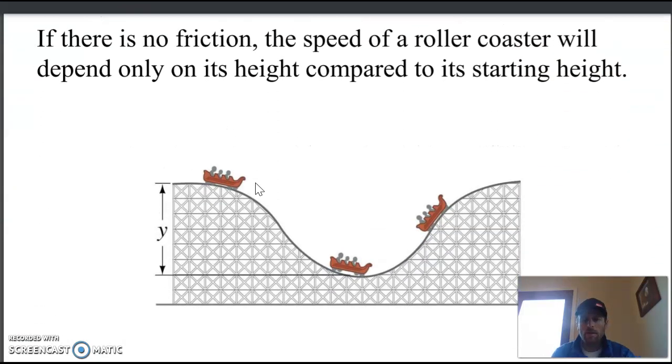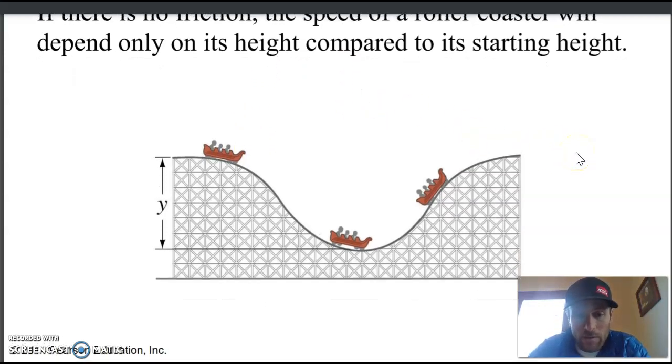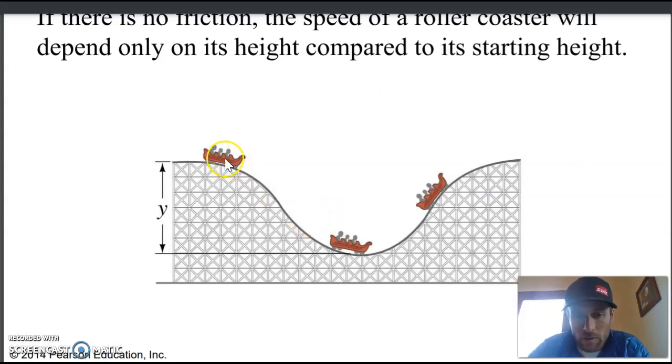So one of the big things we're going to do this week is a lab, if we get some snow. There's a winter storm watch now. My plan is to do the sledding lab next week. That's going to involve us figuring out our potential energy at the top of the hill and predicting kinetic energies at the bottom of the hill given conservation of energy, and also being able to predict velocity at the bottom of the hill.